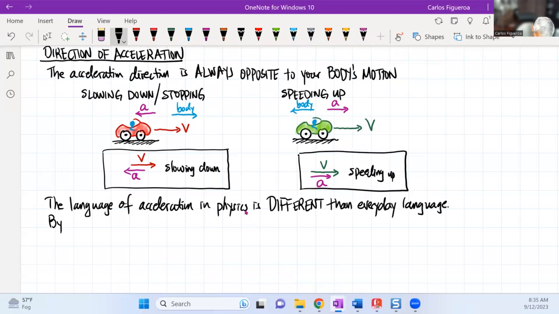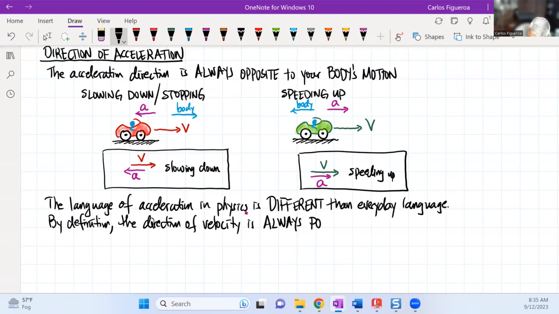By definition, the direction of velocity is always positive. It's always positive. So what do I mean by that? If I have a velocity in this direction, that is automatically positive. If I have a velocity in this direction, that is automatically positive.